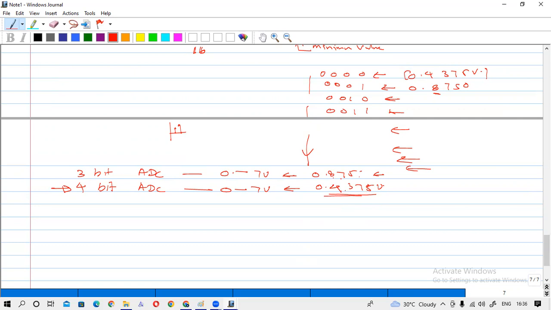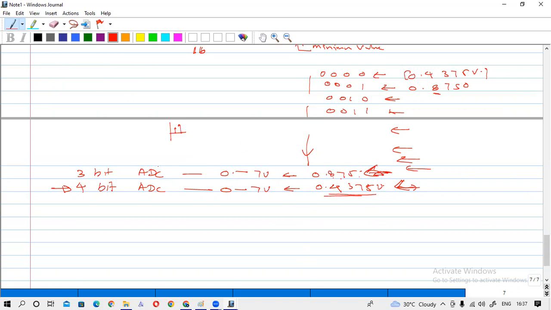The voltage change is very small, so once you reconstruct the signal, you can get a smooth and very accurate signal. When the resolution is high, you get high accuracy.